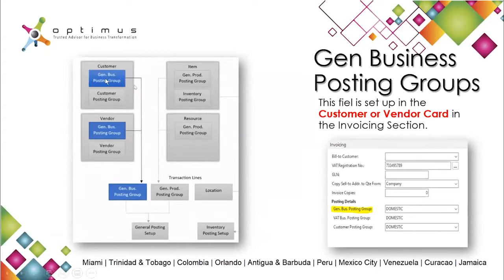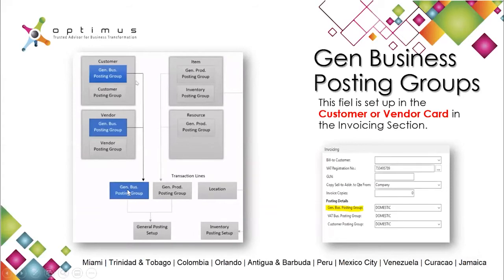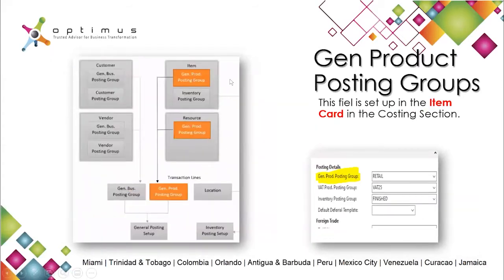So we need something that needs to be configured in the customer or the vendor card that will be part of your transaction line. Then we need the same fields coming from your item card. I forgot to mention, we have another type of component that could generate a GL account transaction.